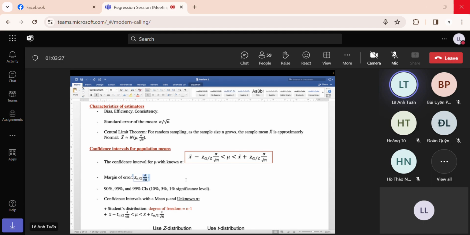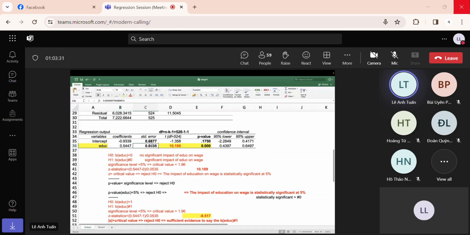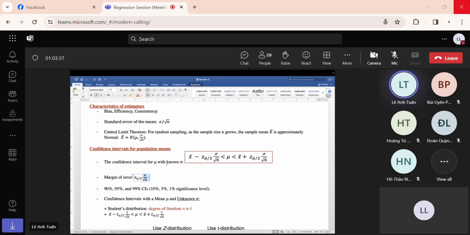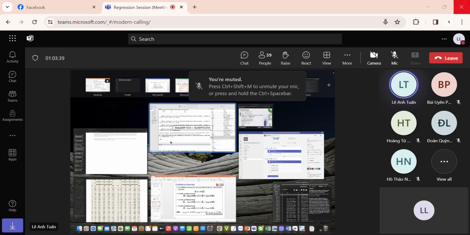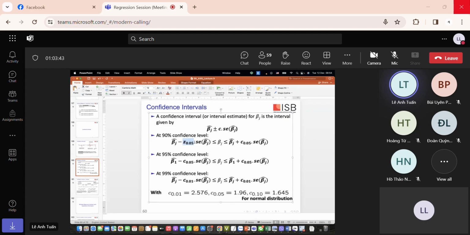But for the regression, they already calculate the standard errors for us. So we have the critical value Z alpha over 2 times the standard error of this coefficient.